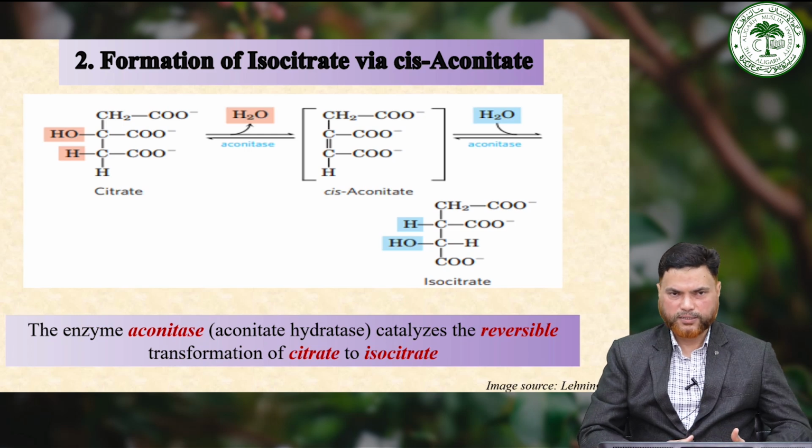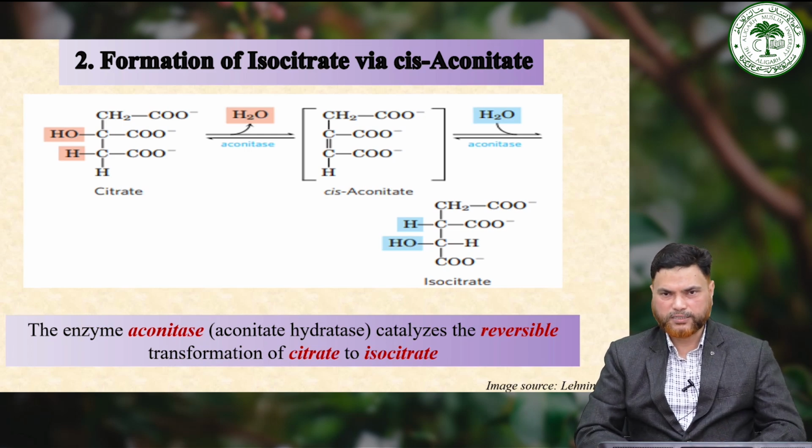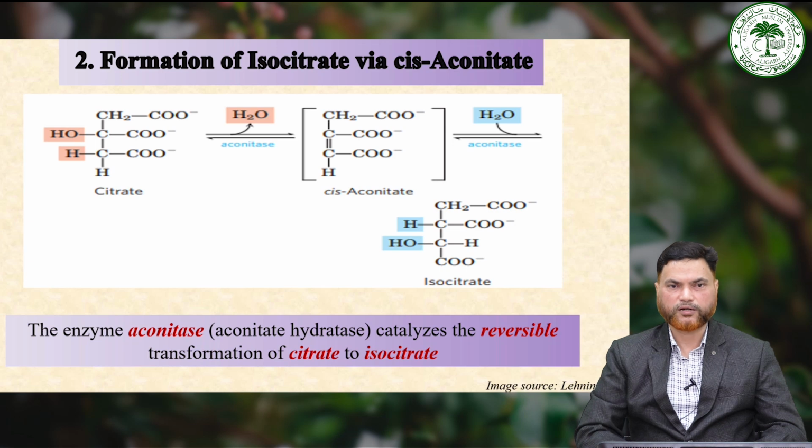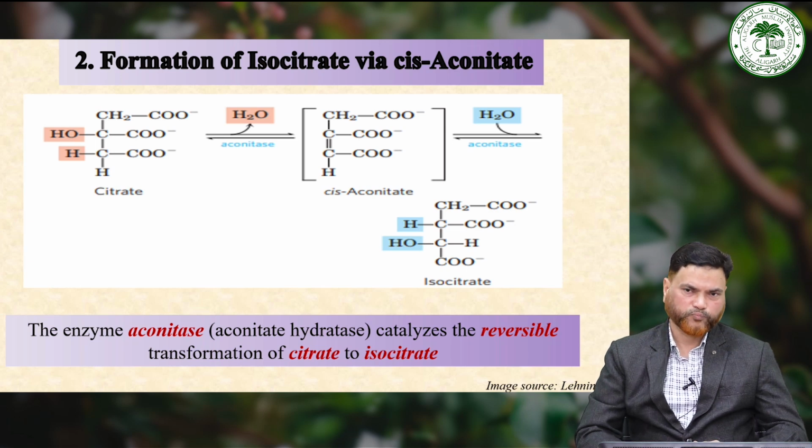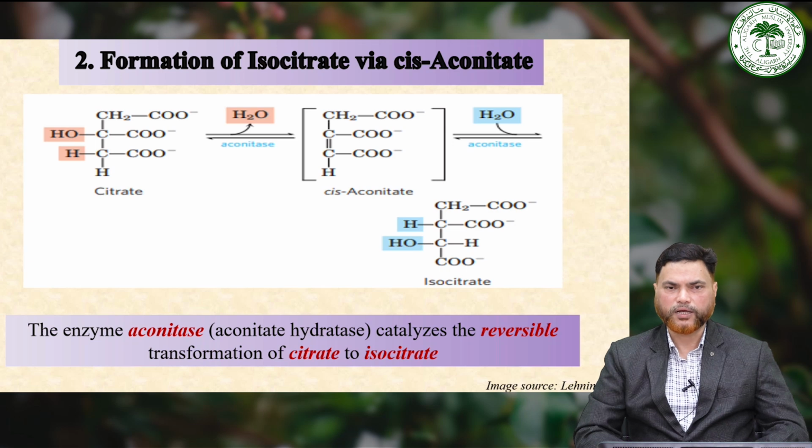Now, the second step of the TCA cycle is catalyzed by aconitase. You see in the reaction, citrate is converted into isocitrate. This conversion is catalyzed by the enzyme aconitase in two steps with an intermediate.